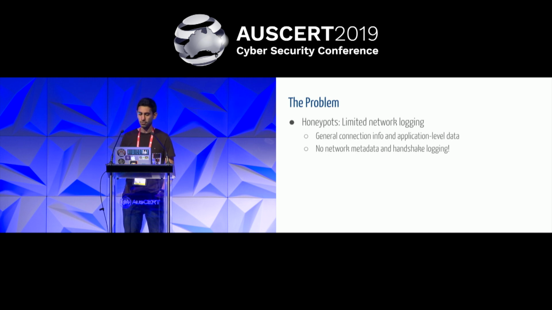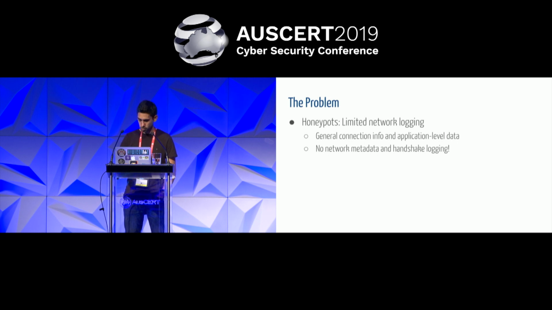But there is no network metadata and handshake logging. That's the reason why almost all the research we see out there about honeypots is mostly about the number of connections to different ports and scanning trends, but nothing interesting other than that.